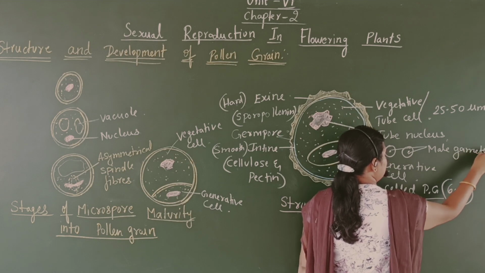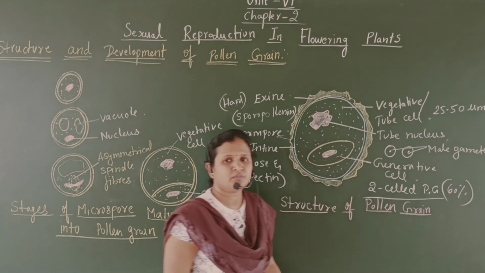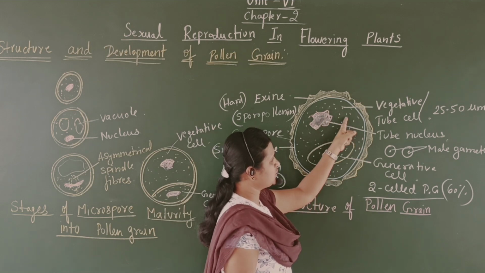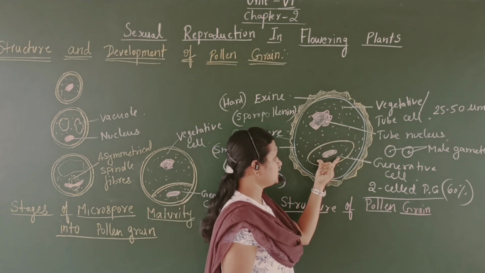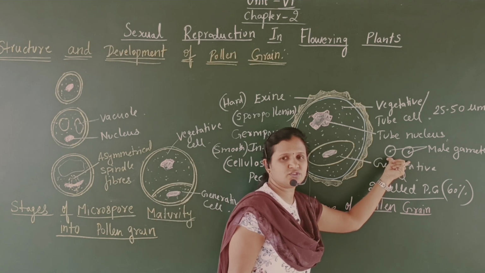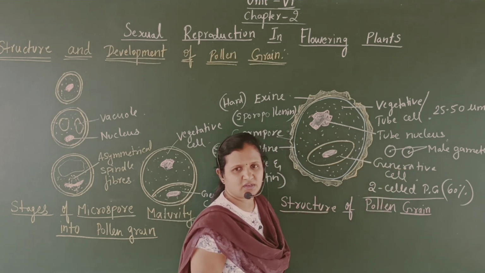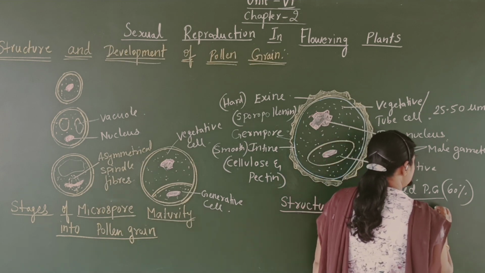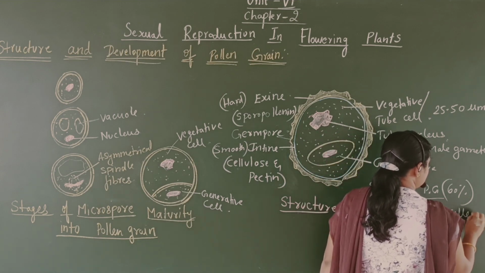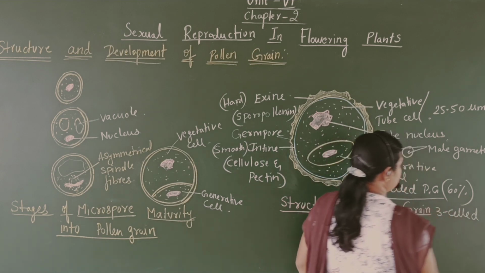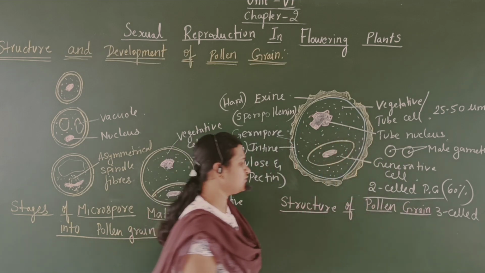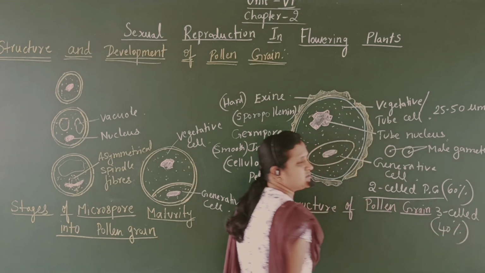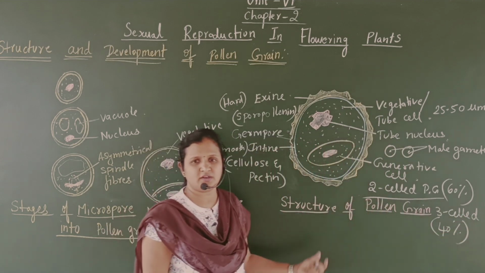This condition, with one vegetative cell and the generative cell divided into two male gametes, is called the three-celled pollen grain.